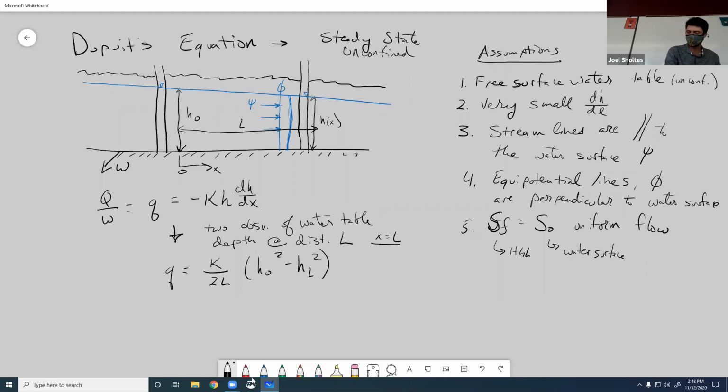So what this does is it describes the water table surface as a parabola. And this ultimately is what's going to lead us to the cone of depression calculations that are kind of the bread and butter of FE level groundwater hydraulics.